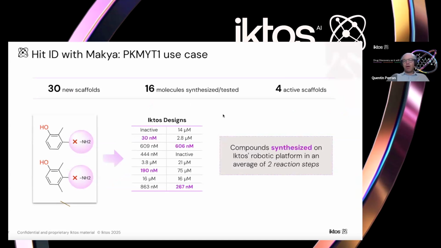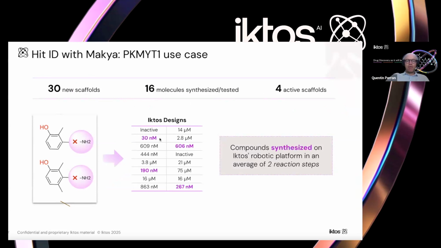So in several hours, you can do that in Makya. Then you can make your selection and you can synthesize the compounds. Makya produced 30 totally new scaffolds, and we decided to select 16 of them and to synthesize those molecules. Out of those 16 synthesized molecules, we got 4 active molecules from 600 nanomolar to 13 nanomolar activity.